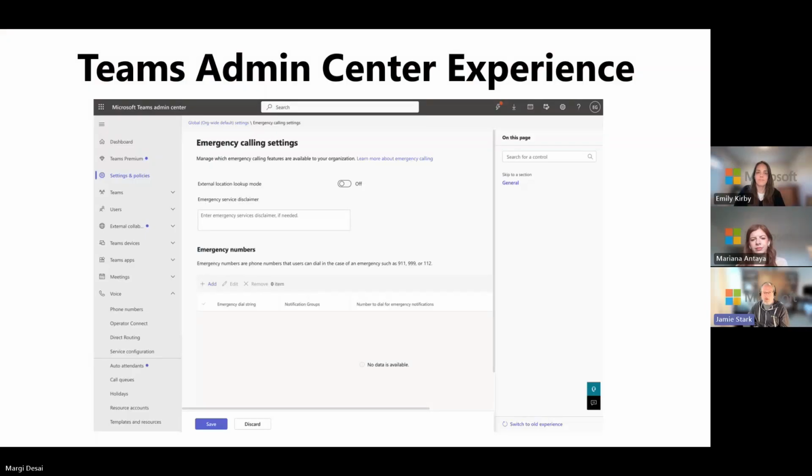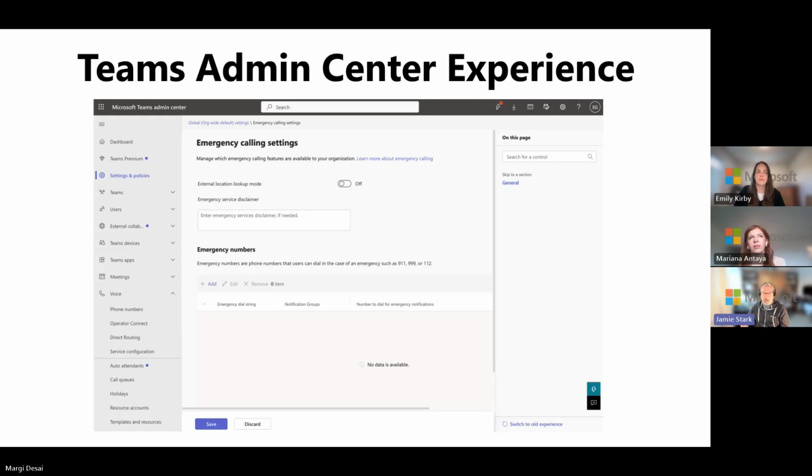Here you're choosing whether you want to allow the external location lookup mode, where the client can on its own look up location information. So if a user's working at a coffee shop, they can still be supported for dynamic emergency calling.